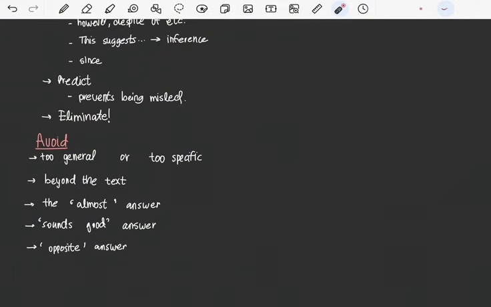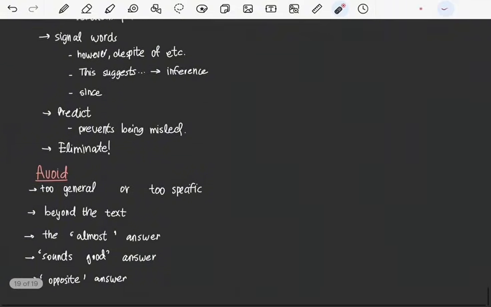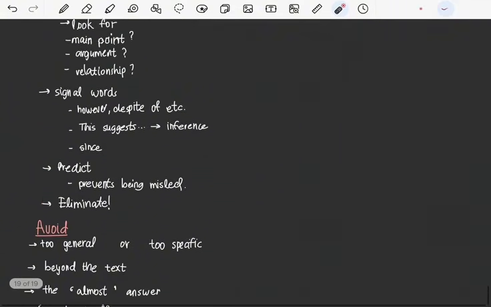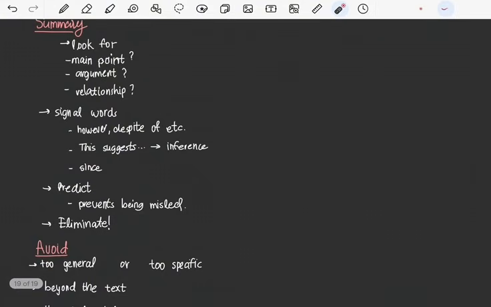Now, if you're stuck, eliminate what you can eliminate. Choose the one that's more conservative or best supported answer. And if you can't decide, you can just move on because you don't have to spend over 3 minutes on a single passage. That will just be a very huge waste of time.